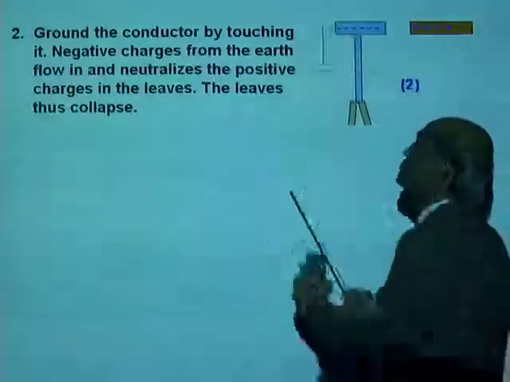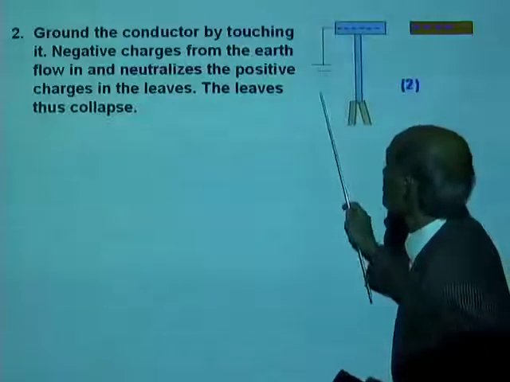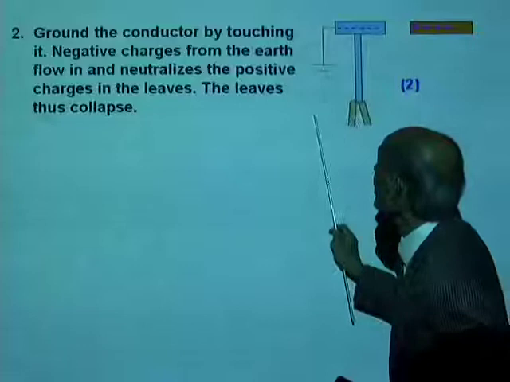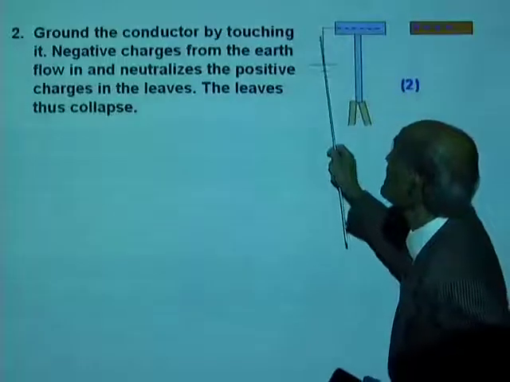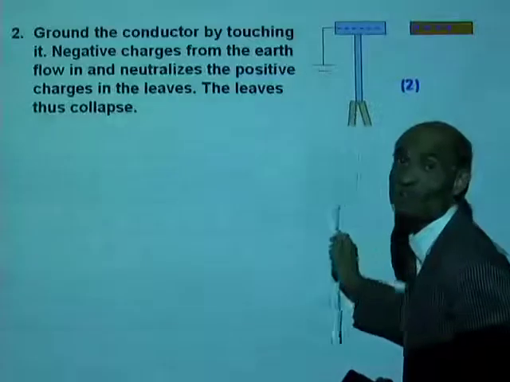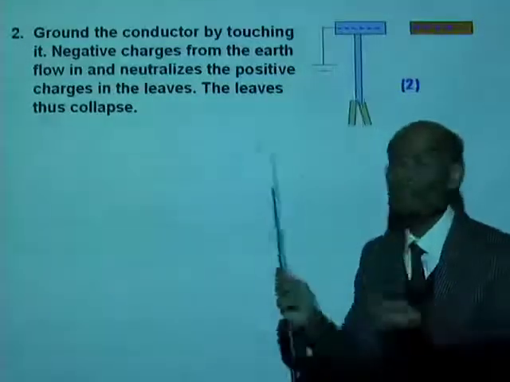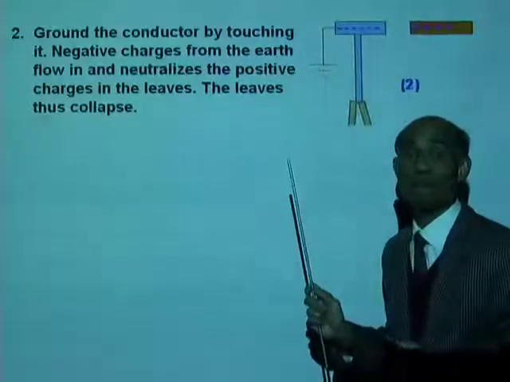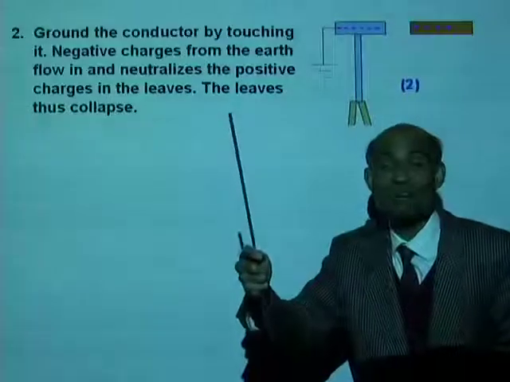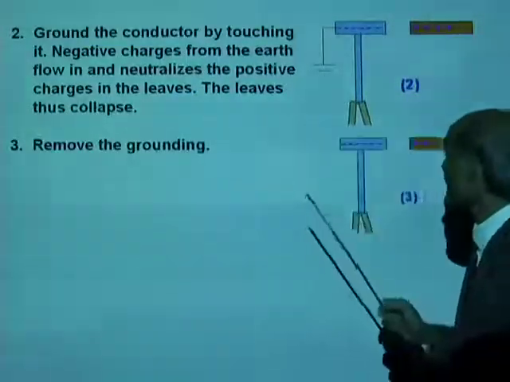If you now touch the electroscope, what happens is, because of these positive charges, a lot of negative charges will now move from the earth, will come and neutralize those positive charges. That will cause the leaves to collapse. And now that means you have removed some excess positive charges from this neutral conductor. And now remove the grounding.